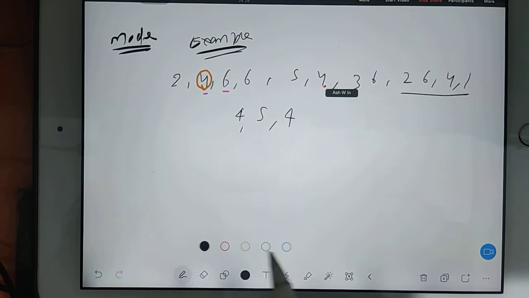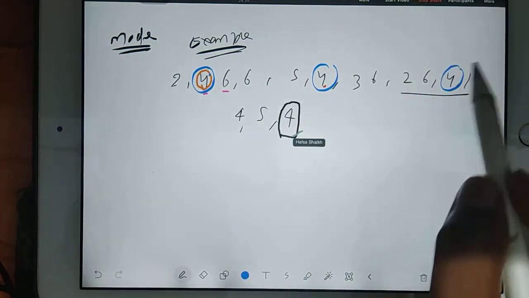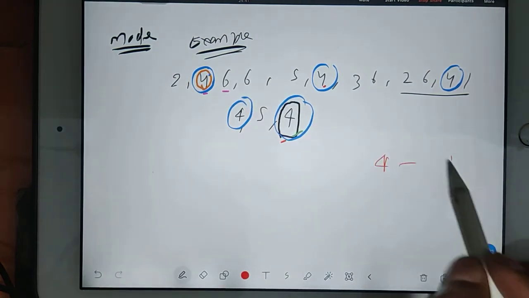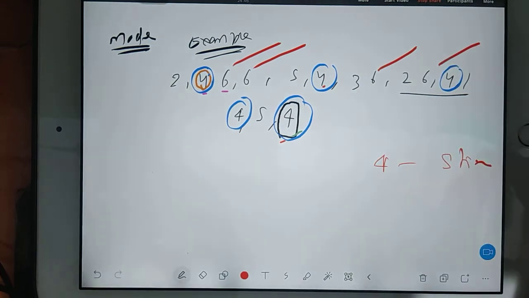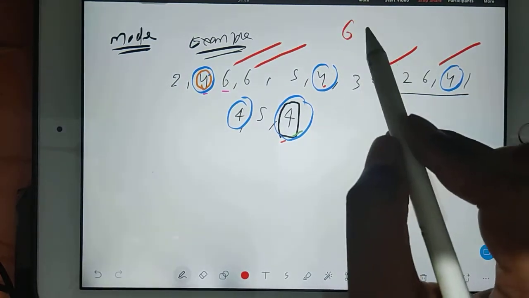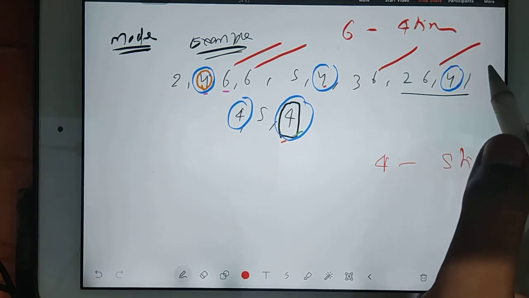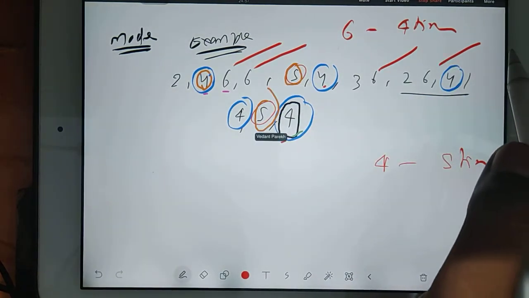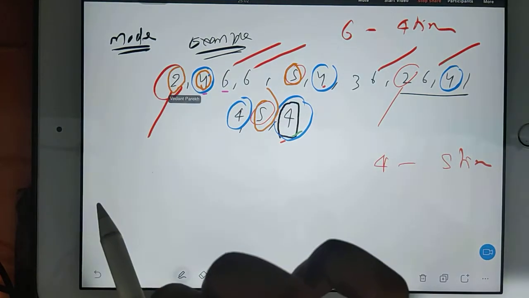We can check. 4 is here, 1, 2, 3, 4, 5. 6 is also coming very frequently. Let's check how many times. 4 is coming 5 times. 6 is coming 1 here, 2 here, 3 here, 4 here. So 6 is also coming, but 4 times. 5 is coming 2 times. And 2 is coming 2 times.